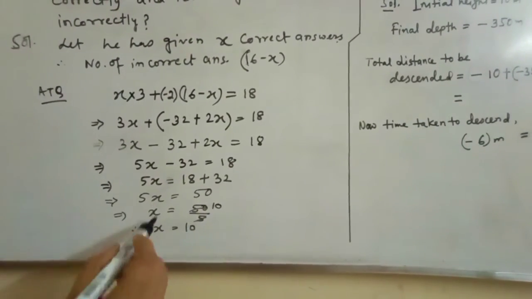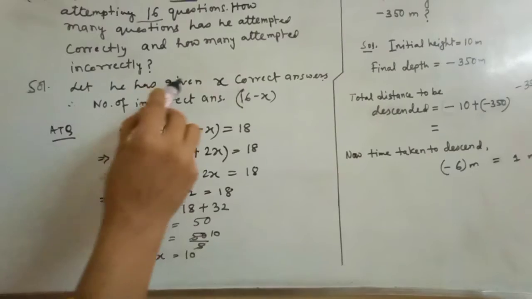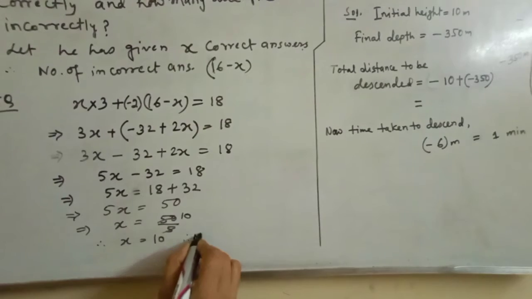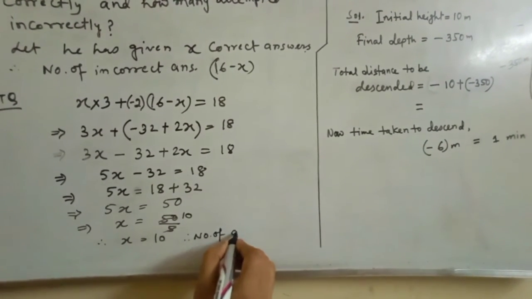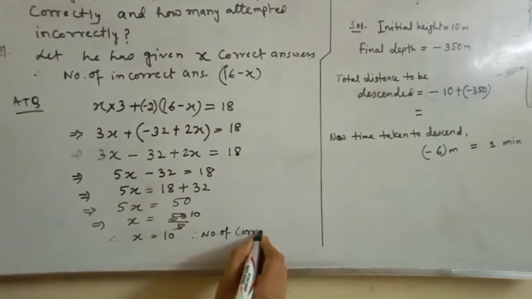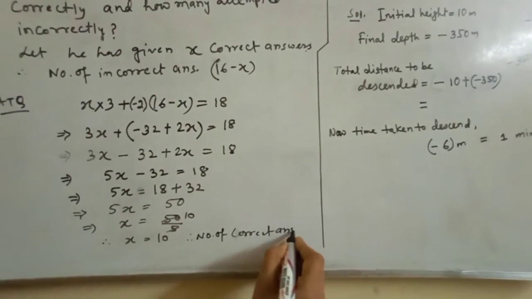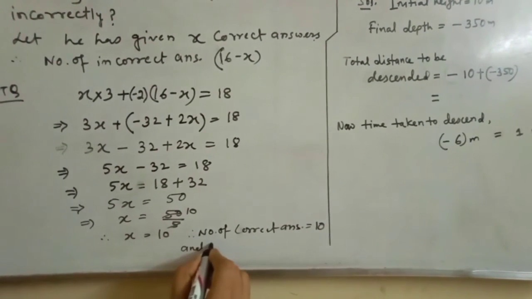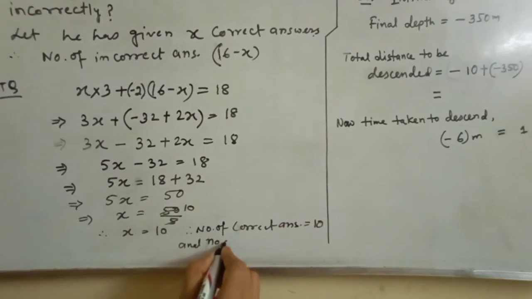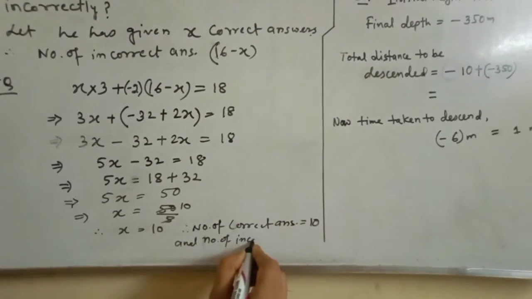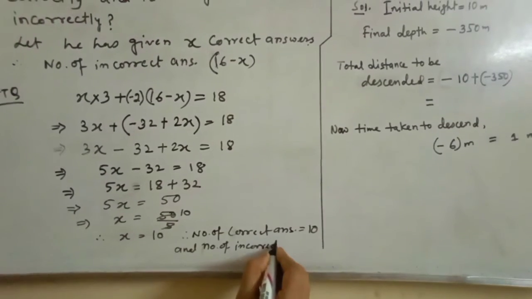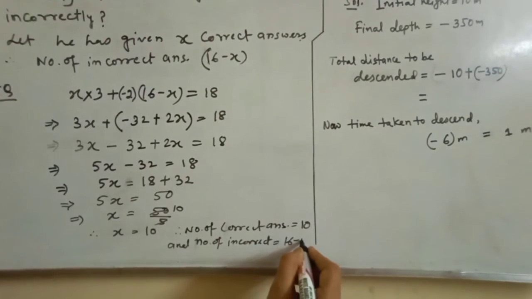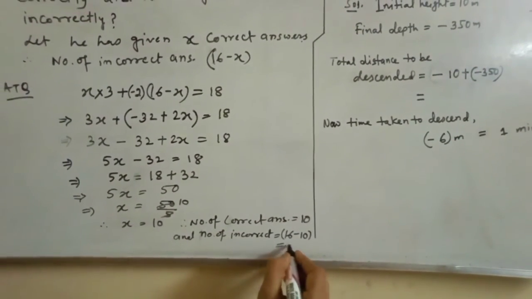Now what happened? What was x? We have taken x as the number of correct answers. Therefore the number of correct answers is equal to 10, and the number of incorrect answers: the total questions were 16, if you subtract 10 from it, you will get 6.